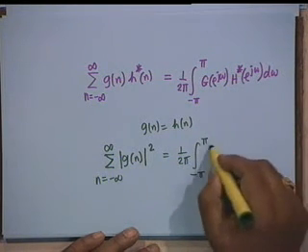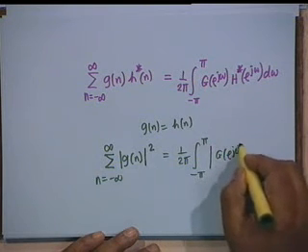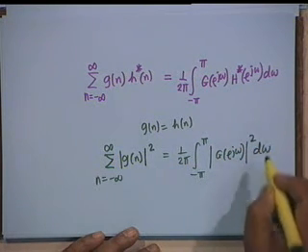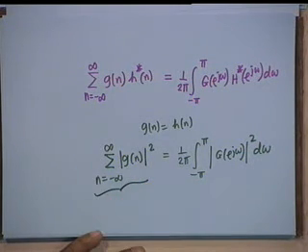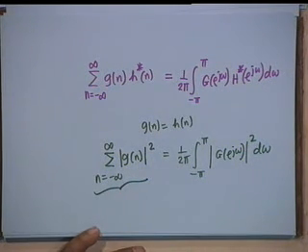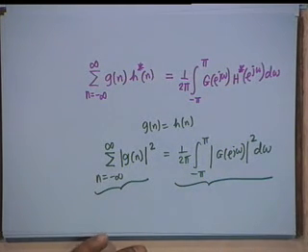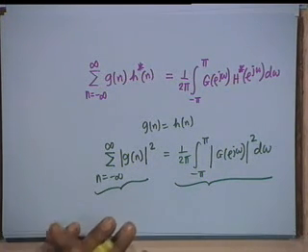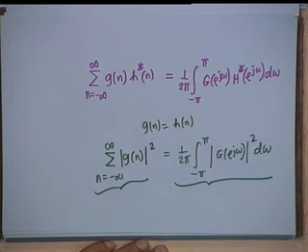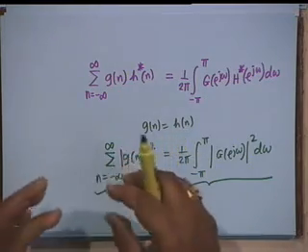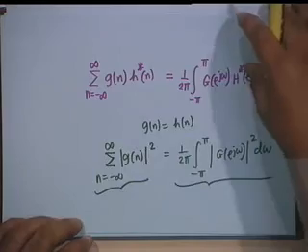Star is complex conjugate, therefore magnitude square of G of e to the j omega d omega. The left hand side is energy in the time domain, and the right hand side is the energy in the frequency domain. The two energies must be the same, because Fourier transform is a one-to-one transformation. No property shall be destroyed by taking this set from the n domain to the omega domain. Generalized Parseval relations.